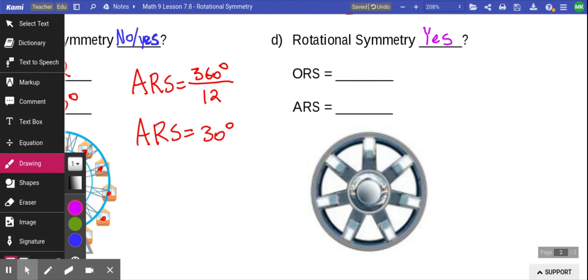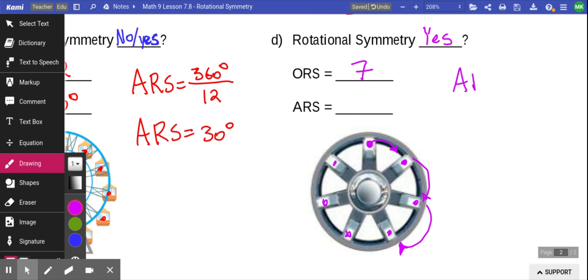The reason why it has rotational symmetry, if I imagine there's a dot on the end of this spoke, if I rotated it one more round to right here, the entire image would actually look identical. I could then rotate it again to this spot, then again to this spot, and so on and so forth, for a total of 1, 2, 3, 4, 5, 6, 7 different rotations where that tire looks like it's in the exact same spot.